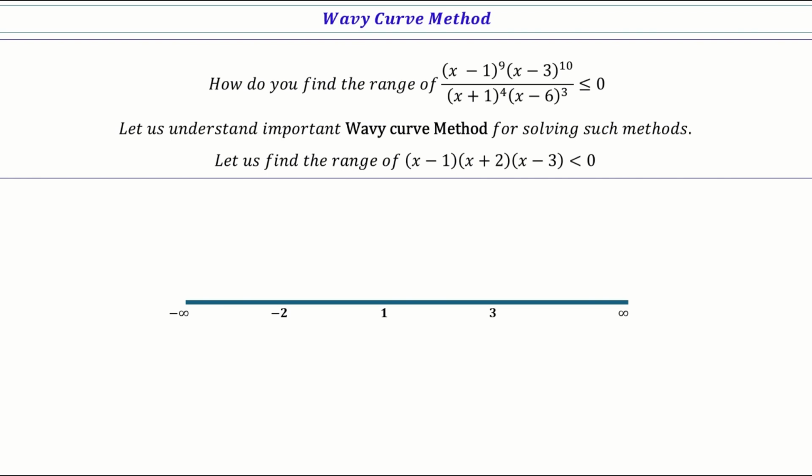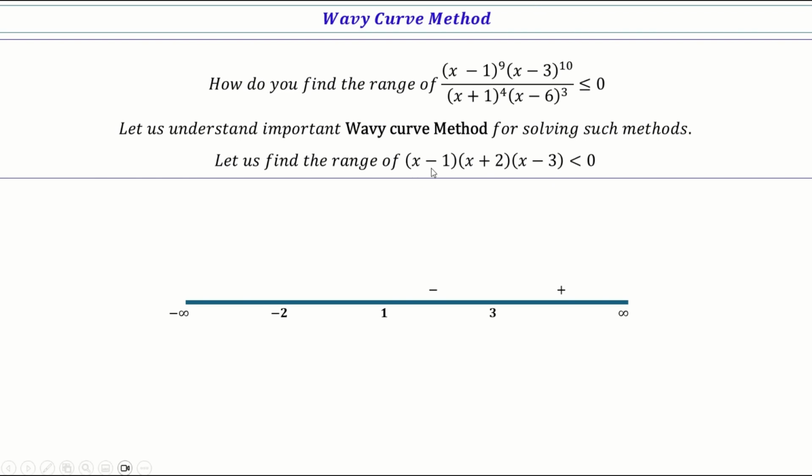Now you check in each domain whether the expression is positive or negative. When x is between 3 and infinity, let's take the example 4. If you take 4, the expression (x minus 1) into (x plus 2) into (x minus 3) will become positive, correct? So I put positive here. Between 1 and 3, let's take the example 2.